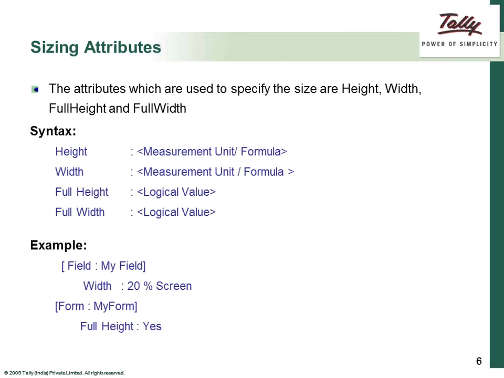Please note, a line cannot have width. A line will have a height, that's a vertical height, and the field will have the width. So the height of the field will be accepted from the line level, and the width of the line will be used as the width of the field.